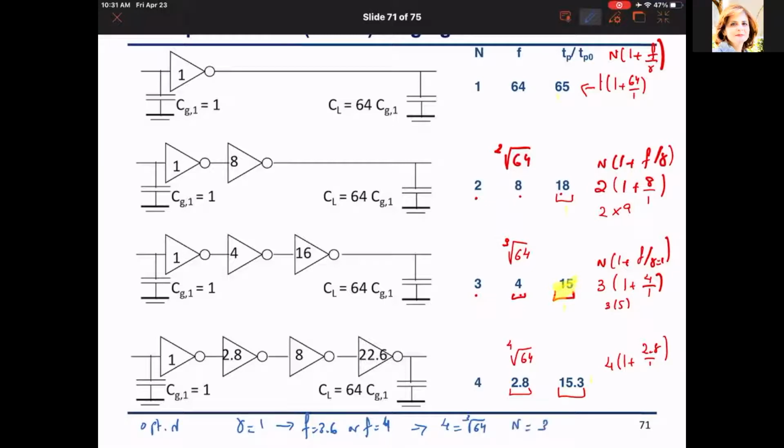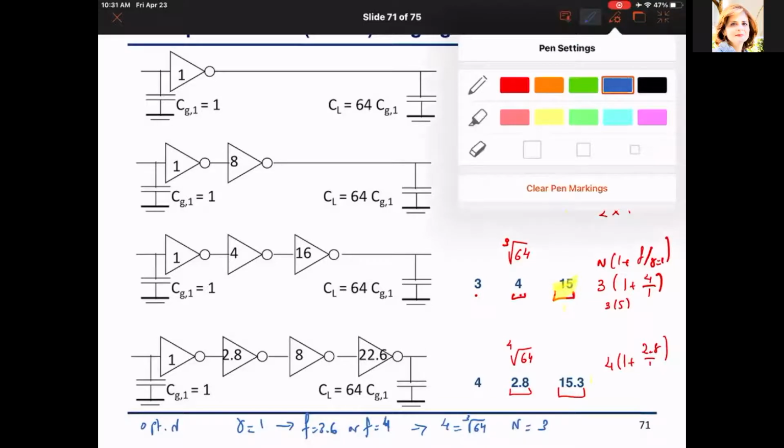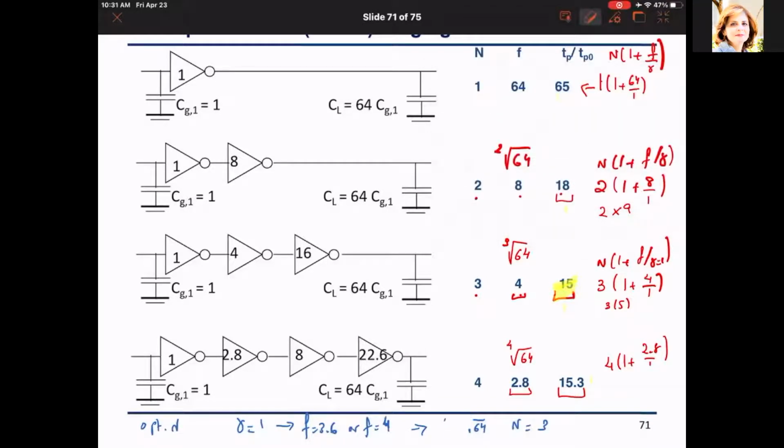Because what relation do I put here? I am going to write the following: 4 is equal to 64 to the 1 over n, which implies that n equals 3, so the optimal number of stages is 3.